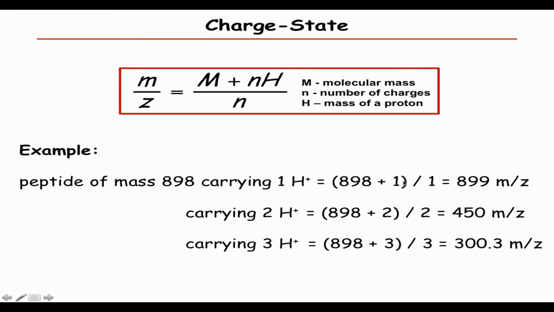Of course, if we do high accuracy measurement, we shouldn't use integers, but we should use the exact mass of the proton and the exact mass of the peptide. But this is just an example. Then the same peptide, if it has 2 plus, the m over z is 450. And with 3 charges, 300.3. So that's quite straightforward to calculate.